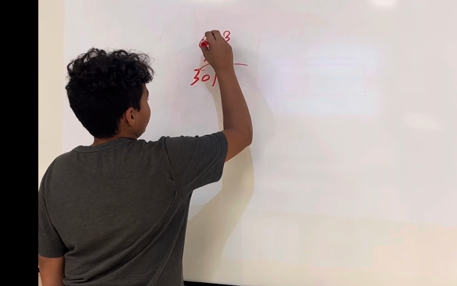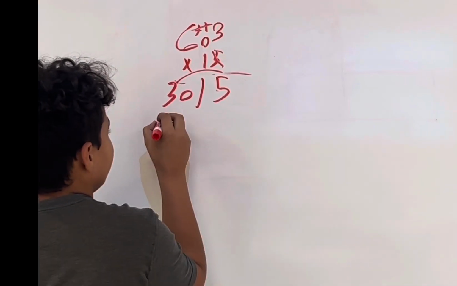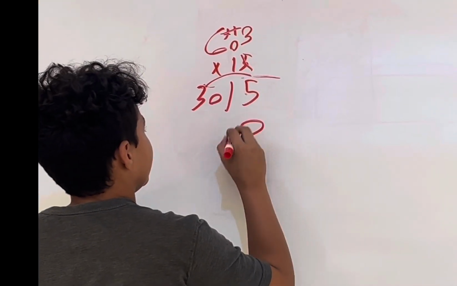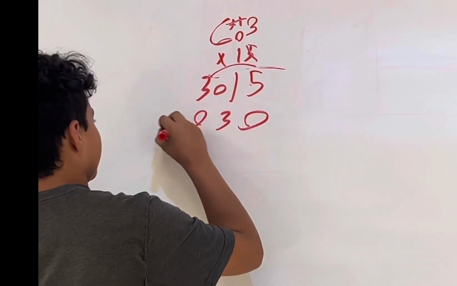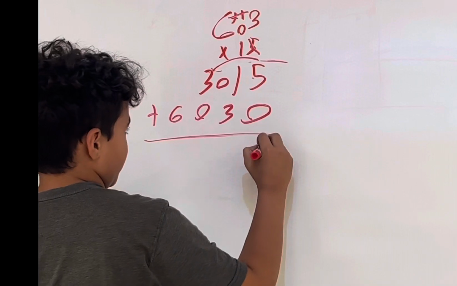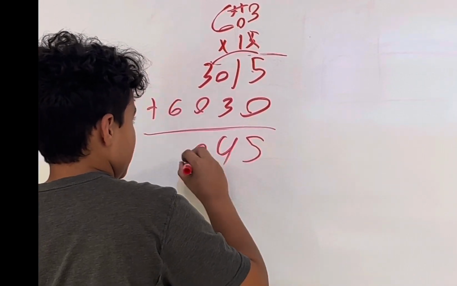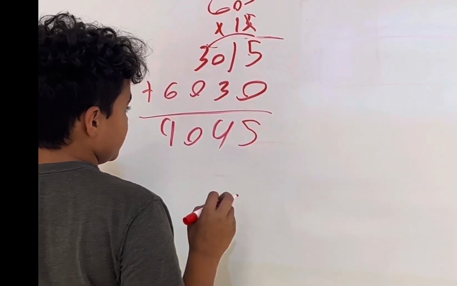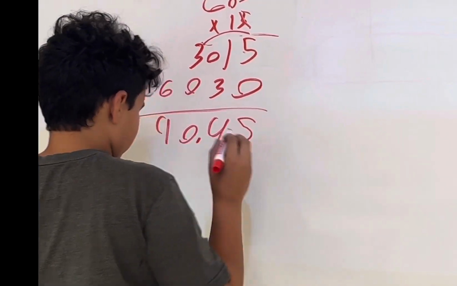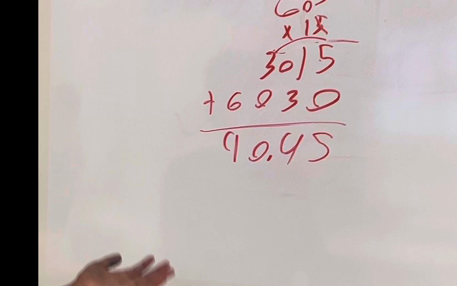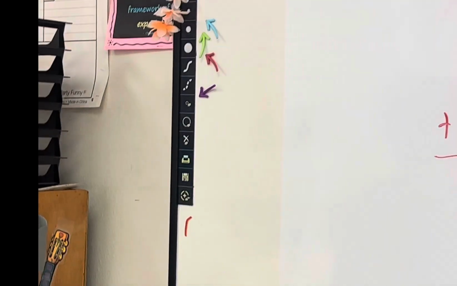Then I would cross that out, and then bring a 0 down, 0, 3, 0, 6. Then I would add those up, 5, 4, 0, 9. Then I would put my decimal right behind here. And then I would have my answer to my example of 5.